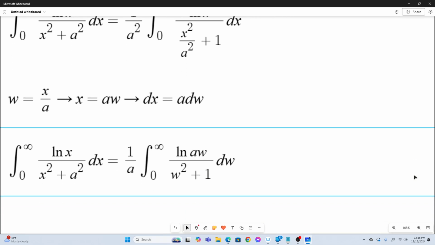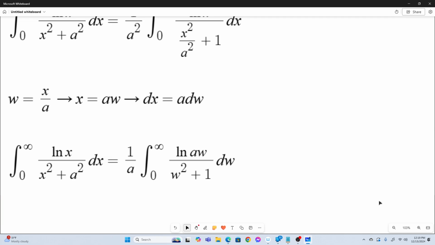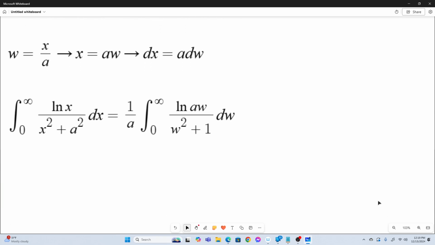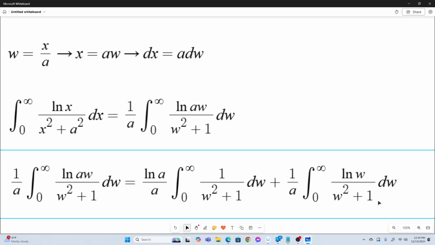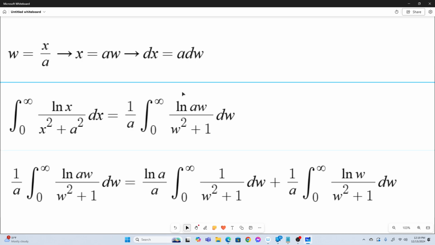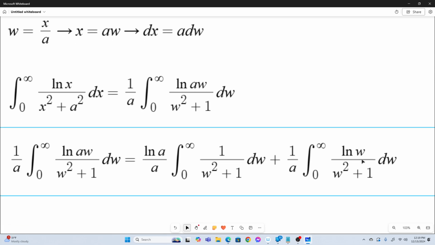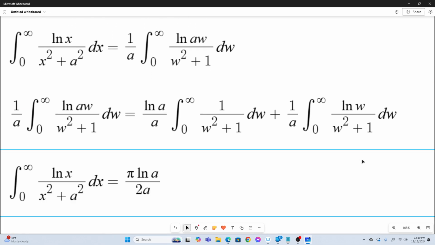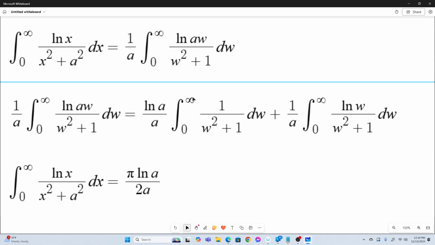We get the integral from 0 to infinity of natural log x over x squared plus a squared dx is this integral right here. All right, and we can split that integral on the right up into two separate integrals using the properties of logarithms. This is just natural log a plus natural log w. So we get these two integrals. And this is what we end up with, because you'll notice that this integral right here is well known.